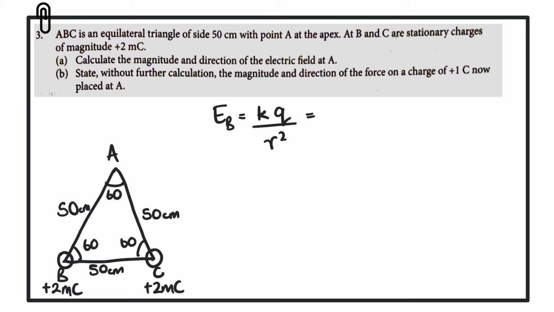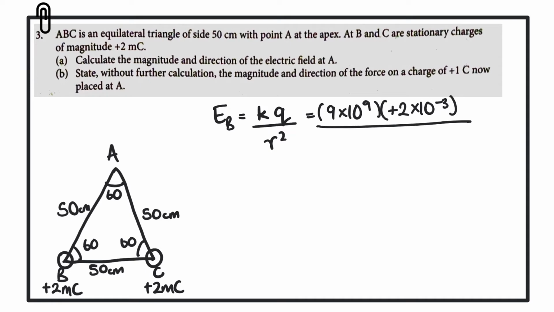So if we're looking specifically at what is the electric field strength due to point B, well then K has a value of 9 by 10 to the power of 9. The charge in question here is 2 millicoulombs, so that's +2 by 10 to the -3, divided by the separation.